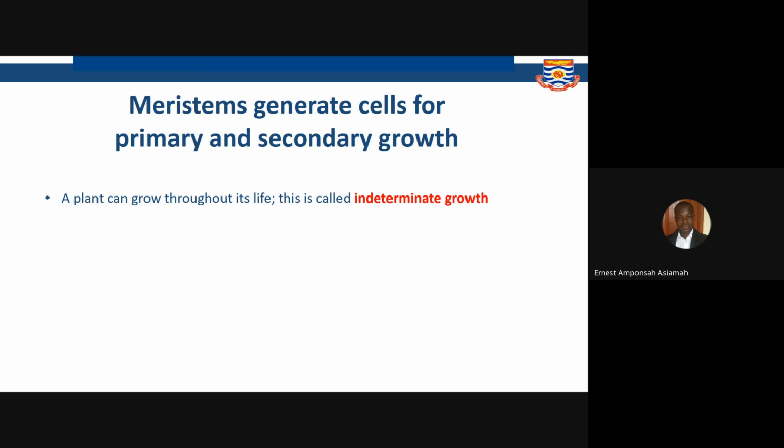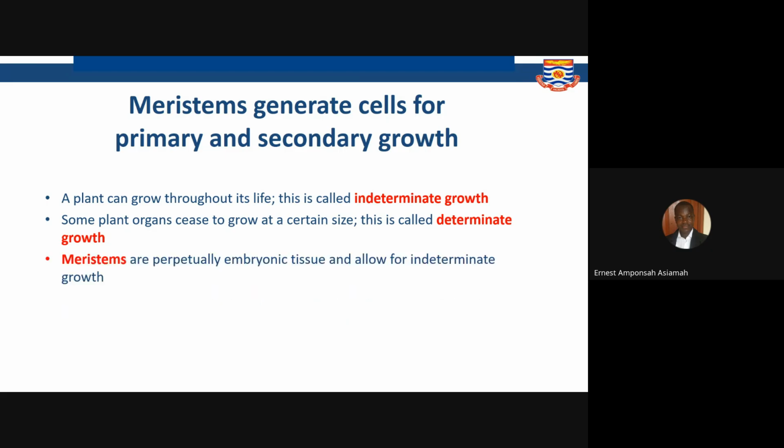So we undergo determinate growth. There are some plant organs which actually cease to grow at a certain age, and that is what we call determinate growth, as I explained earlier.